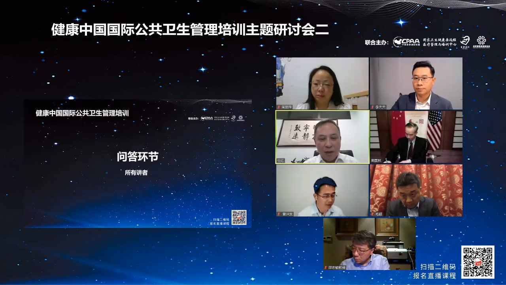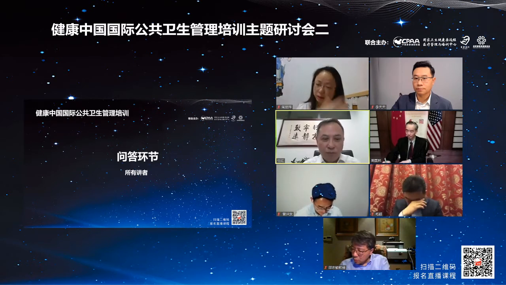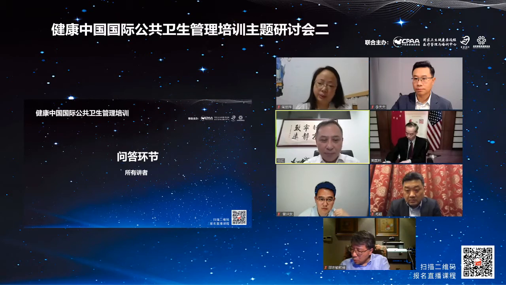The next level, a more comprehensive level of smart hospital, is to better use our big data. In our hospital, we have 130 years. We have a lot of data.